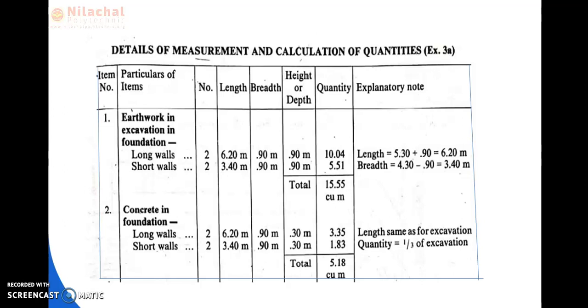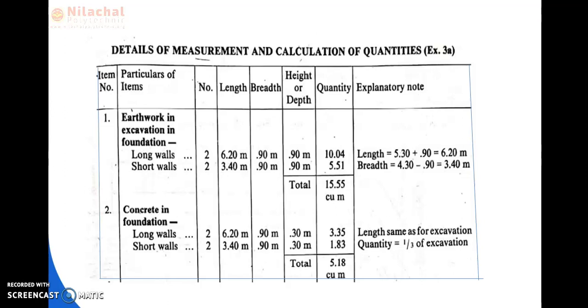Okay. So again I repeat, for excavation in foundation and concrete in foundation, the breadth and length are equal. In any type of building given for calculating the quantity, you consider the excavation length equal to the cement concrete length, and the breadth of excavation equal to the cement concrete breadth.